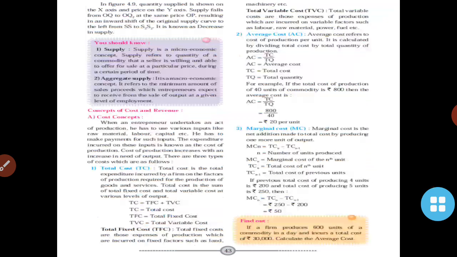A few variables are included in this table. Now here is a question: if a firm produces 6 units of a commodity in a day and incurs a total cost of 30,000, calculate the average cost.